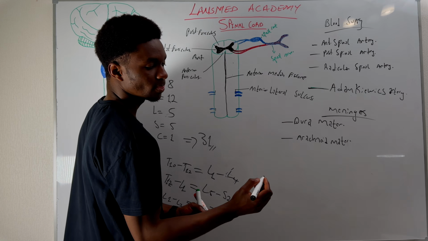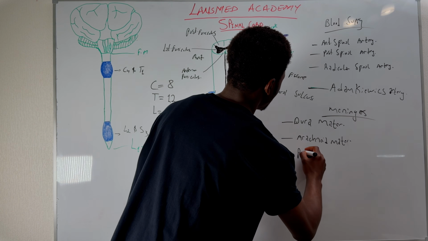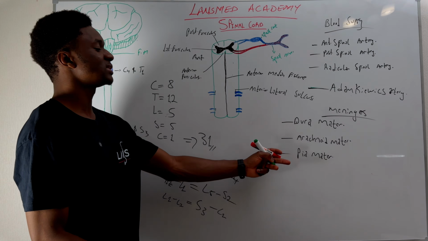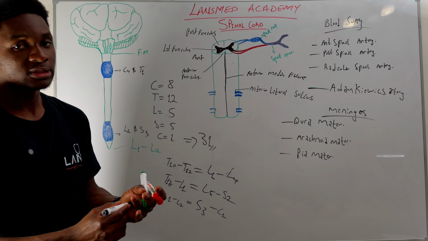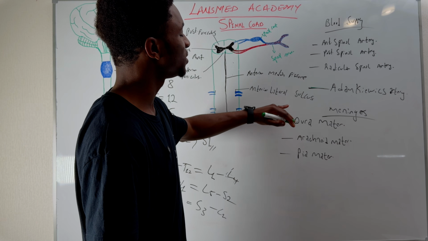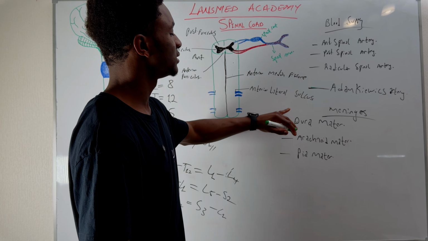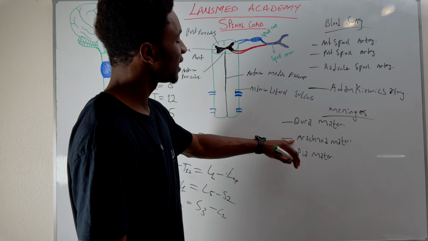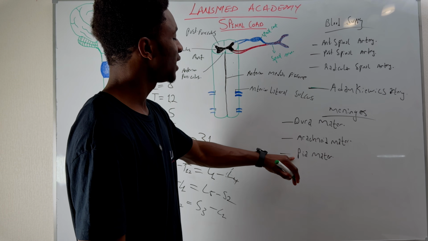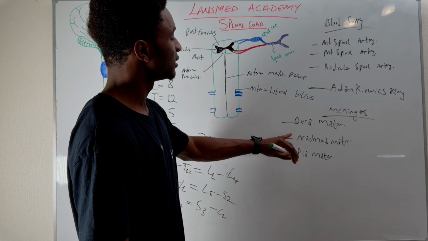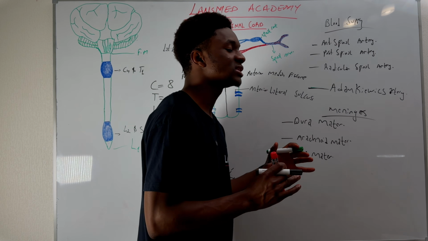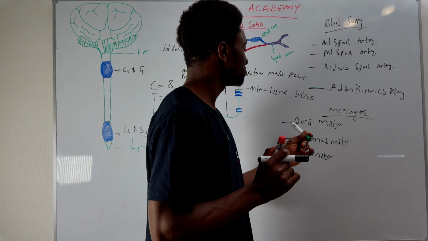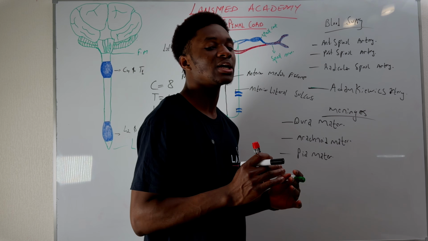And lastly, we would have the pia mater, which is the last protective layer of the spinal cord. So the dura mater is located between the vertebrae and the spinal cord. The arachnoid mater is in between the pia mater and the dura mater. The pia mater mostly is attached to the spinal cord.